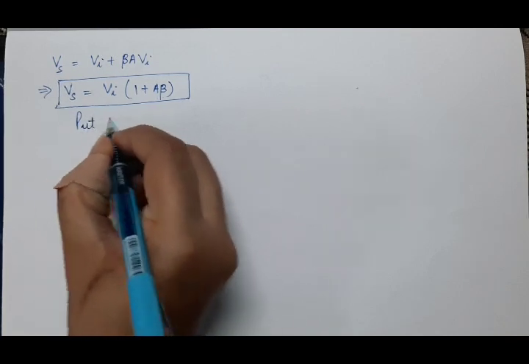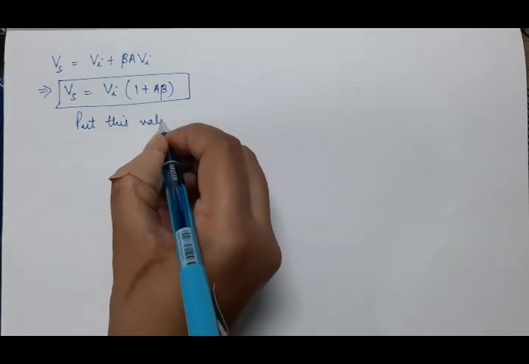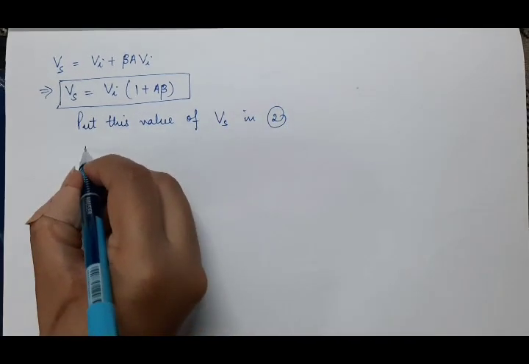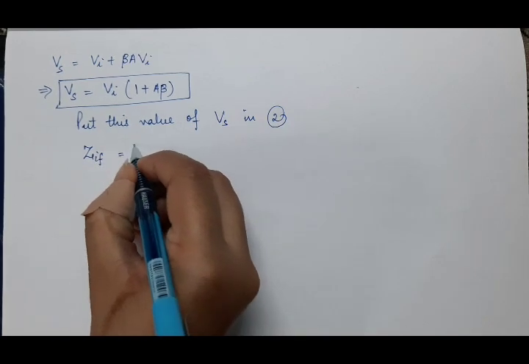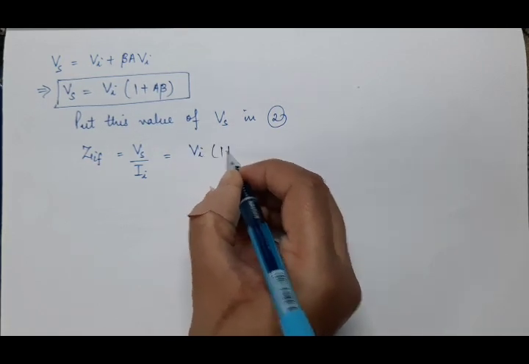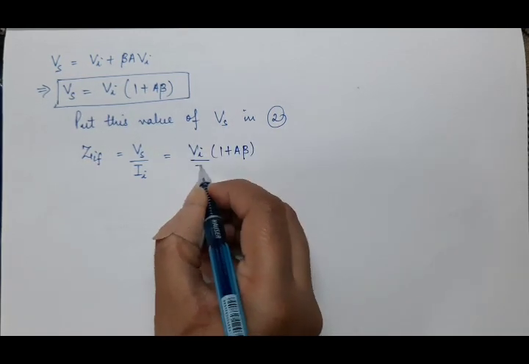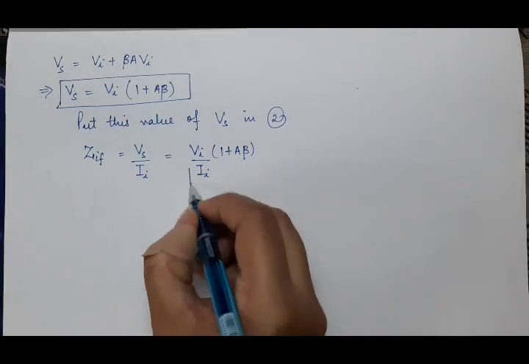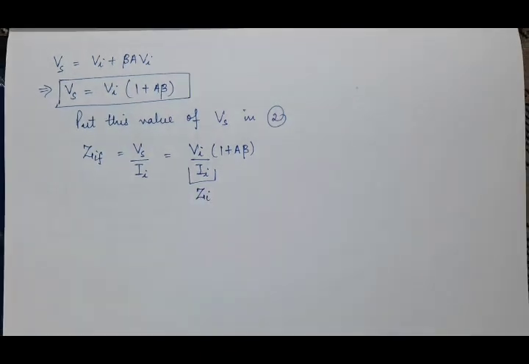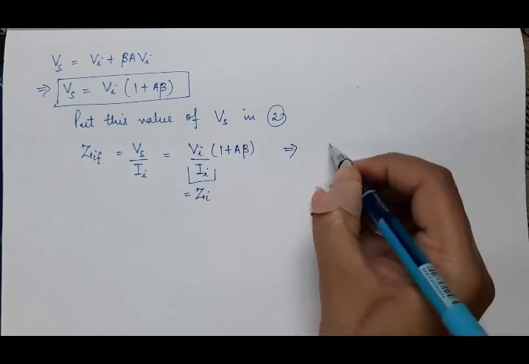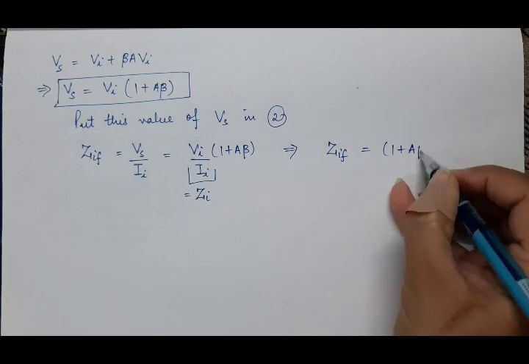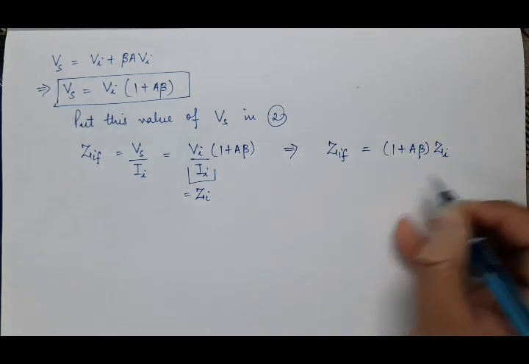Now put this value of Vs in equation 2, which was the input impedance with feedback. It is equal to Vs upon Ii, and the value of Vs is Vi into 1 plus A beta, divided by Ii. Now using equation 1, Vi by Ii is Zi, the input impedance without feedback. So the input impedance with feedback is equal to 1 plus A beta times the input impedance without feedback.